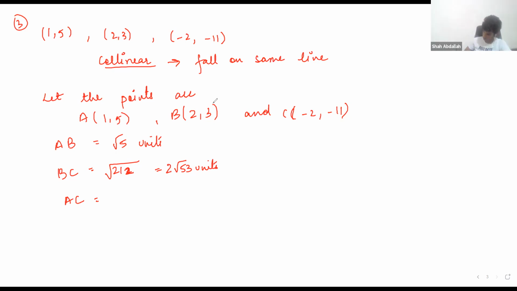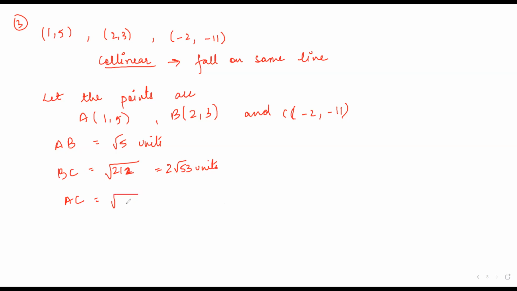No, 6. 2, 6, 5. 2, sorry, 5, 6. So what are you getting under root?